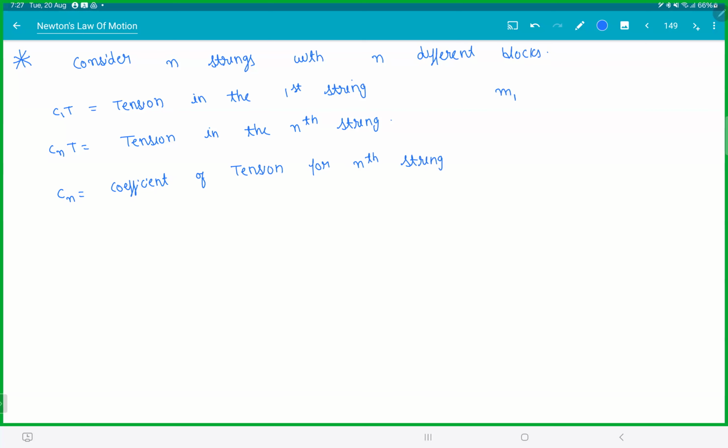And let Mn be the mass of the nth block, An be the acceleration of the nth block. So we are trying to derive a general formula for n blocks.